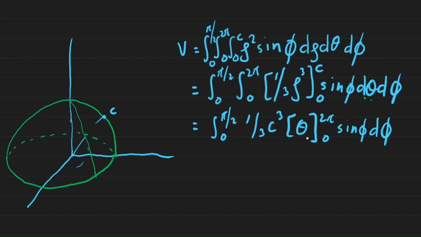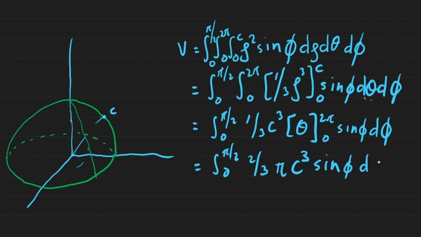So all we do is we just substitute in 2 pi here. So when we do that, we get 2 over 3 pi times c cubed. Let's just write that out. 0 to pi over 2. We substitute in 2 pi into theta, and then we bring it out, so we get 2 over 3 pi times c cubed, sine of phi d phi.